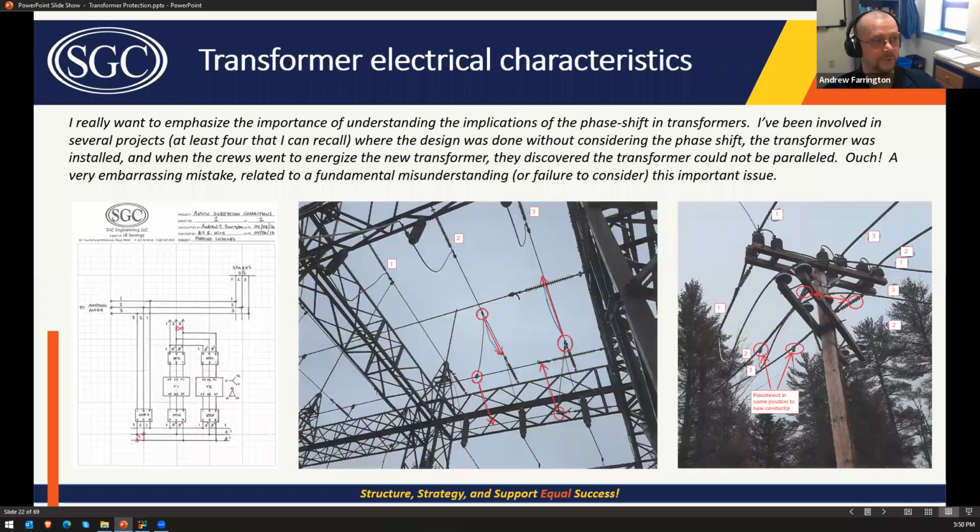They built the substation, and then they go to test the transformer and check for phasing to parallel with the existing transformer, and they find out that it doesn't phase. And that is very embarrassing. You can imagine they want to put the substation in service, everybody's excited, and then you go, oh yeah, this isn't going to work, and now we need to swap primary phasing.